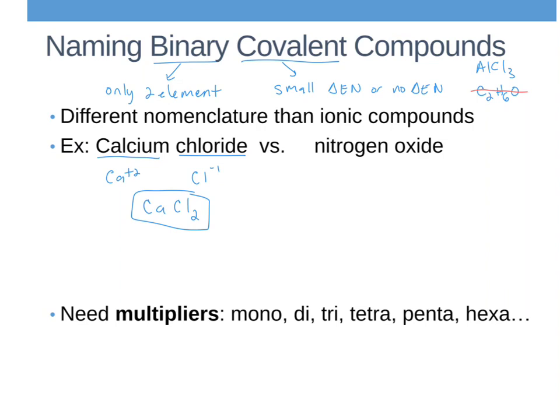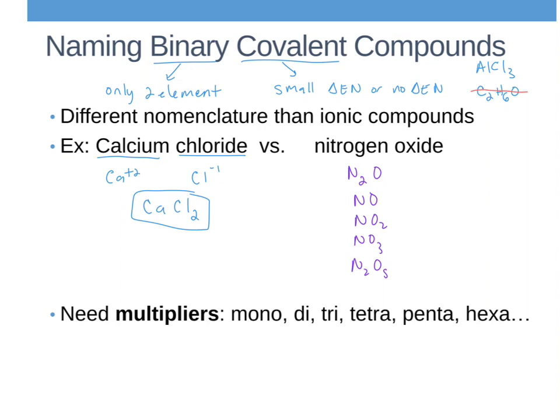For example, there are compounds like N2O, NO, NO2, NO3, N2O5. There's all kinds of versions of mixing just nitrogen and oxygen. So to say nitrogen oxide is not very helpful. It just doesn't point to a specific molecule.